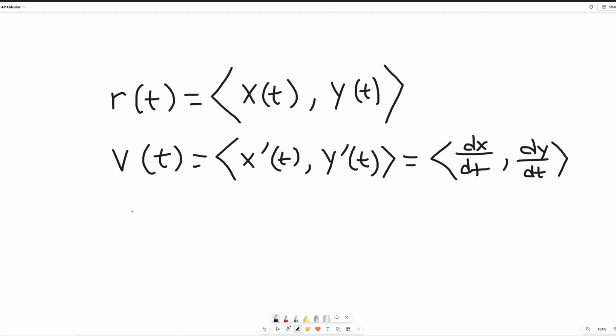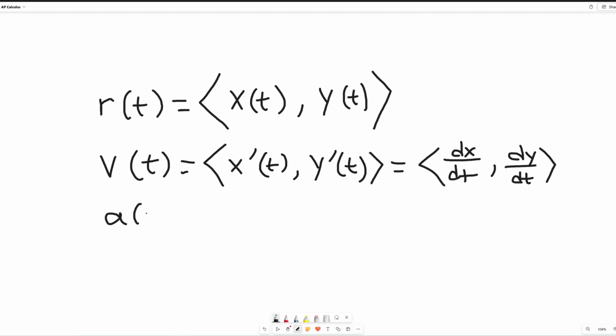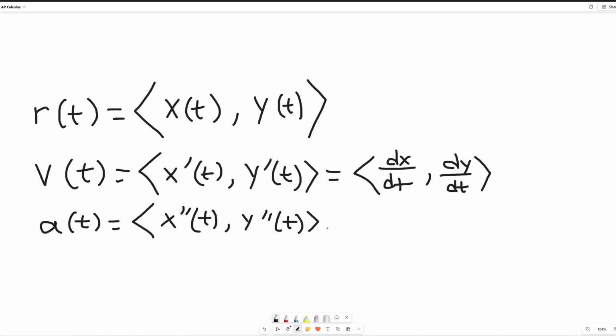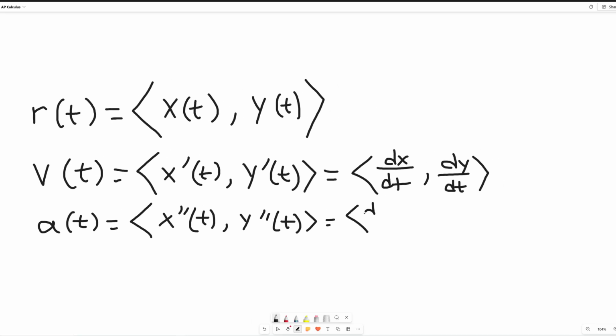And then we can also take this a step further, have our acceleration function, which would be x double prime of t, y double prime of t, or again, d squared x over dt squared, d squared y over dt squared.